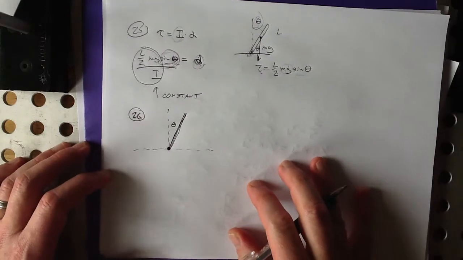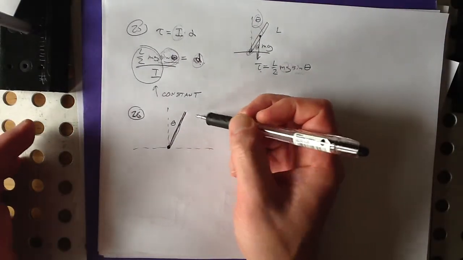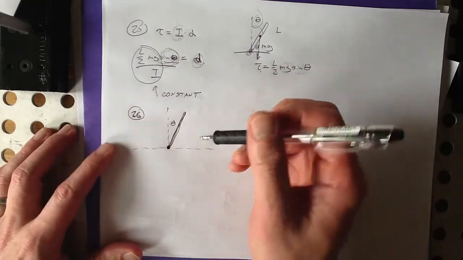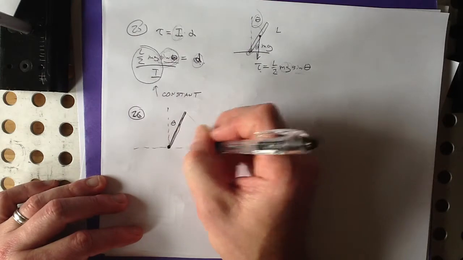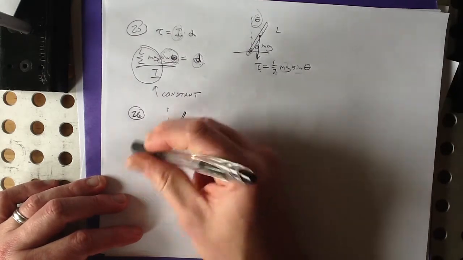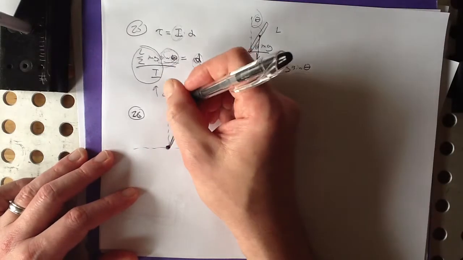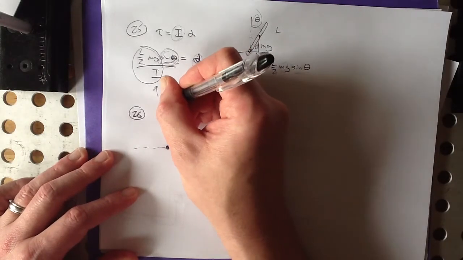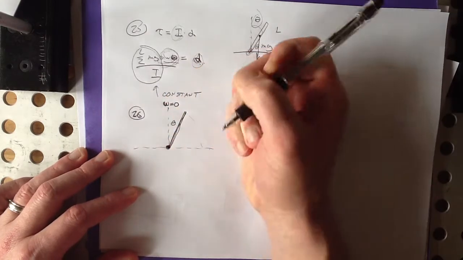What I thought is, what would happen if I could envision a more complete graph here, maybe that would help me. Instead of hitting the ground, what if the ground weren't there? What if this were just a pivot point and it could swing all the way around? Let's think about where the velocity would max out. Up here at the top, it would have an angular velocity of 0, right?